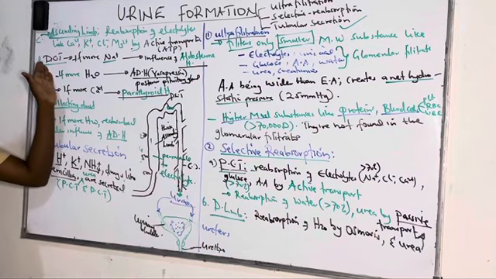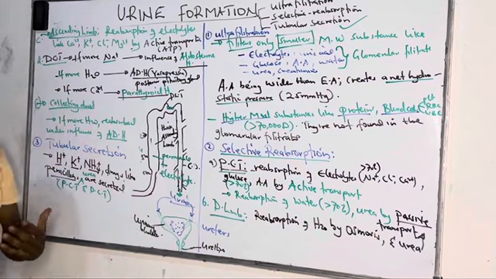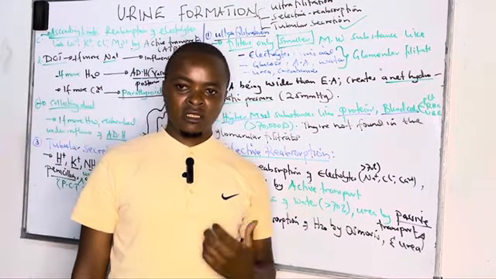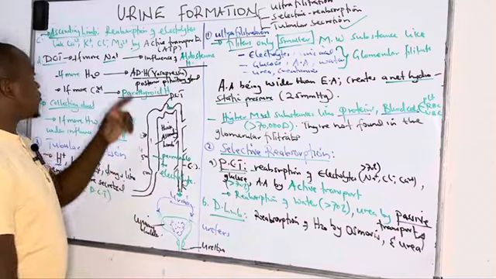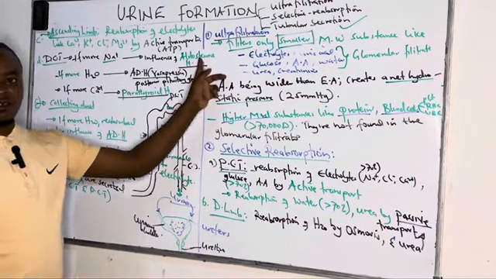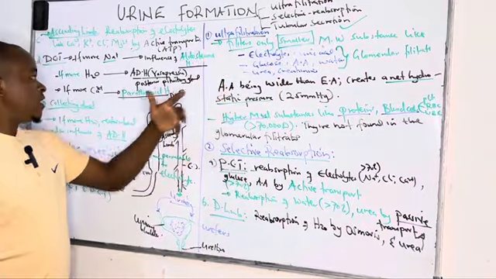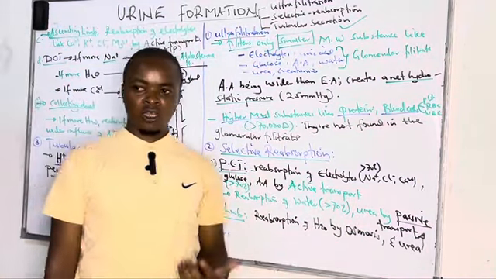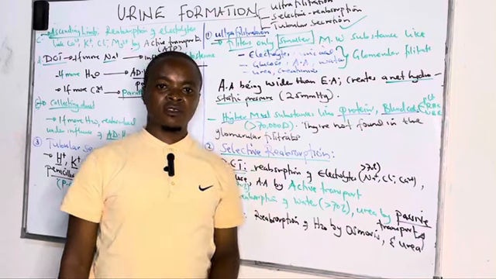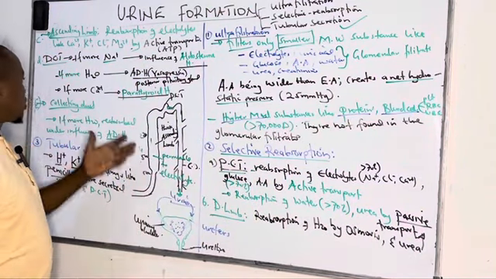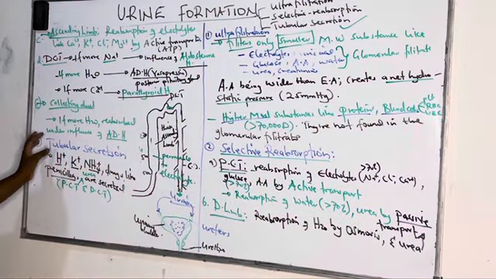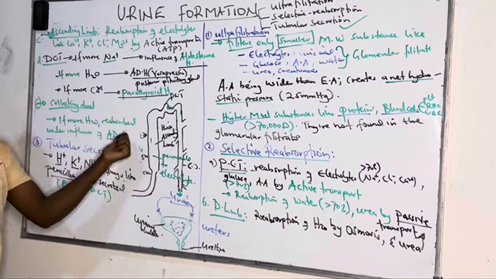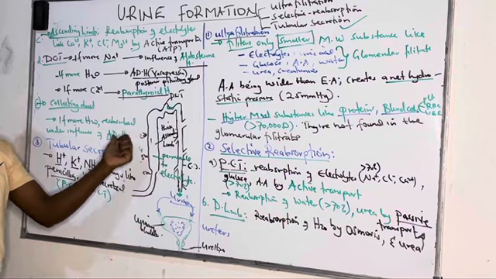Then in the distal convoluted tubule, if more water is needed, vasopressin hormone comes and makes the cells permeable. If more sodium is needed, aldosterone hormone from the adrenal cortex acts. And if more calcium is needed, parathyroid hormone causes more reabsorption of calcium. It continues in the collecting duct, where, if more water is still needed, it is reabsorbed under the influence of antidiuretic hormone.